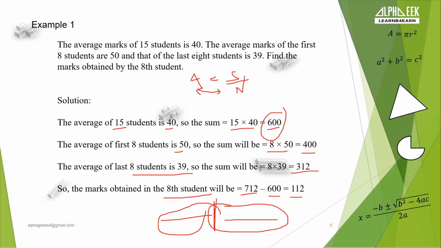We have added twice the marks obtained by the 8th student. And when we subtract the total sum from this, we will obviously get the marks obtained by the 8th student, correct?